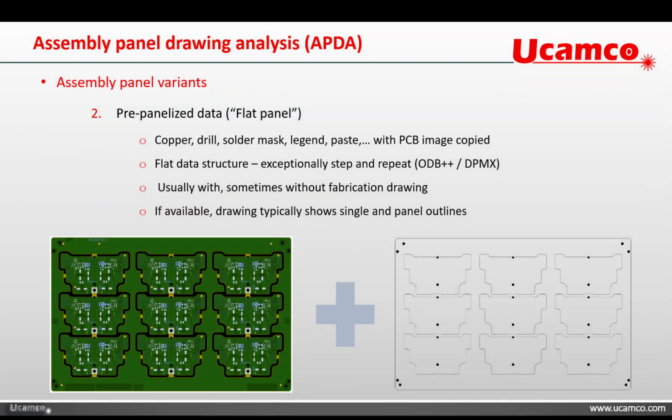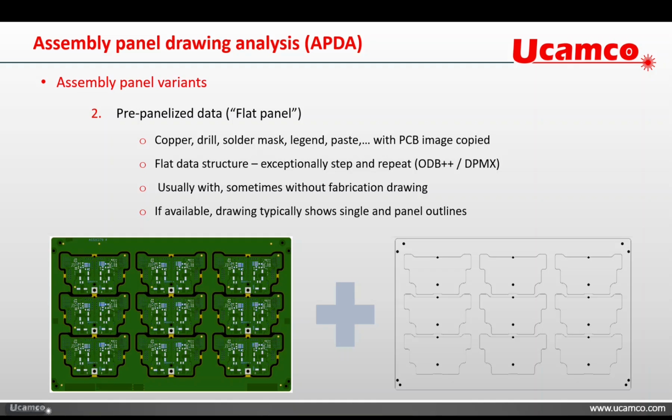Case number two is what we call pre-panelized data or flat panel. In this case, the PCB data has actually already been duplicated, and the full-blown panel is available from the Gerber or the CAD layout data, I should say. So after reading in your Gerber file or your Eagle database or your ODB or whatever, this is the image that you're looking at. It's a biscuit 3x3 that has this PCB organized in the way that you see it.